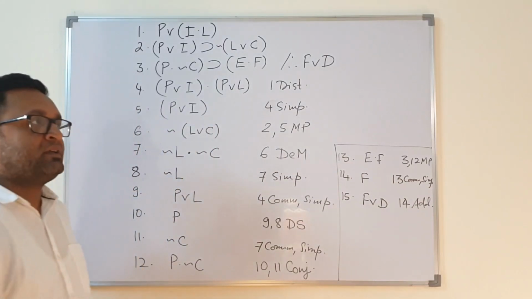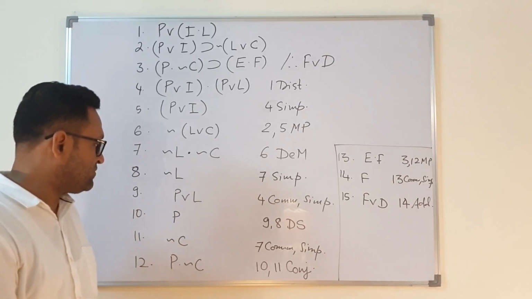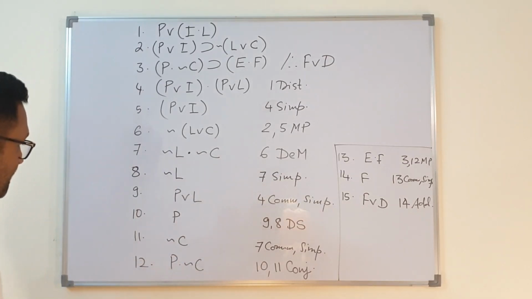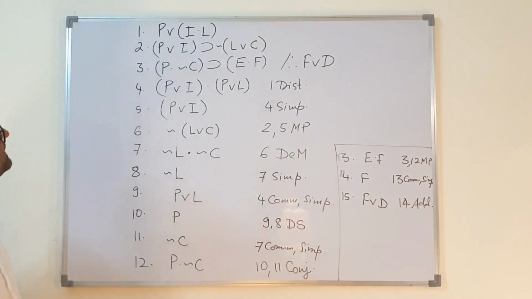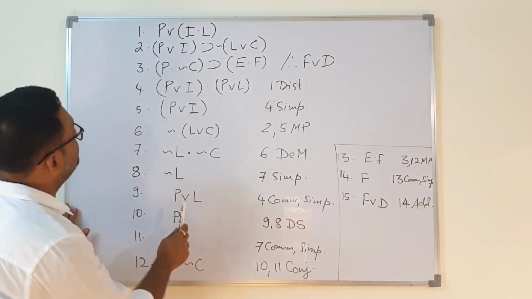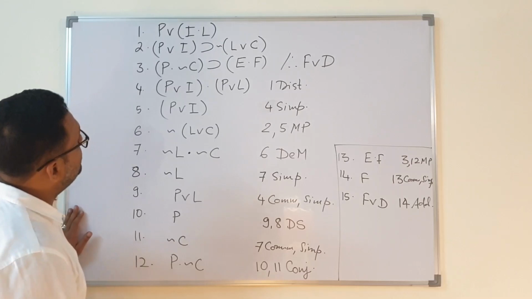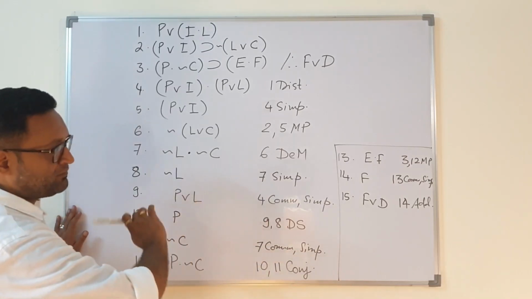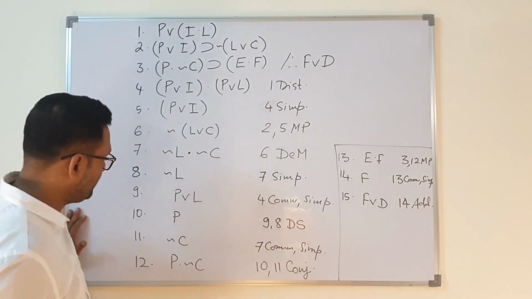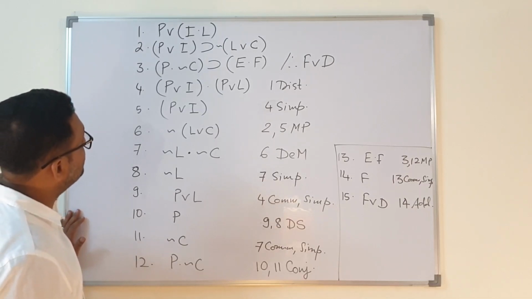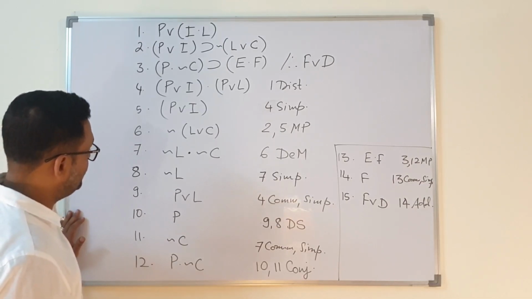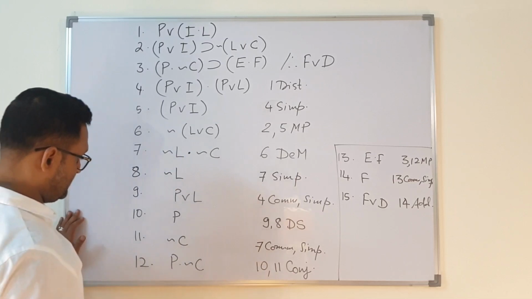However, there is one thing more which you should understand in this question. I saw that you can create P. Okay, the solution is fine. There is absolutely no problem with this. But I think you can create something more as well. You can create negation of C as well.